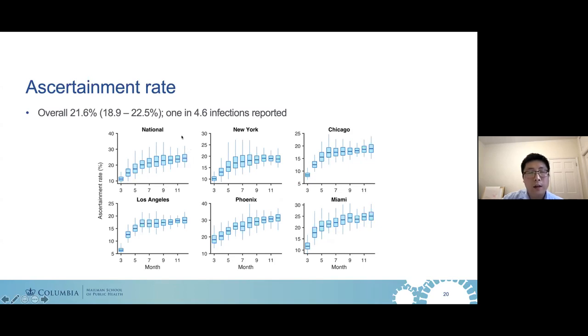So you can see the reported rate has more than doubled during the year, but still the majority of infections were not reported. We also observed substantial spatial variations across different locations. For instance, here we can see Phoenix and Miami typically have a higher reporting rate than the other metropolitan areas and also the national average.